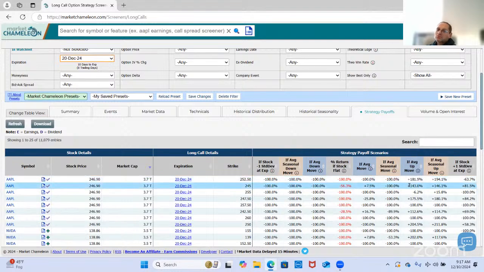So more than double. 100% would be double, so more than double.